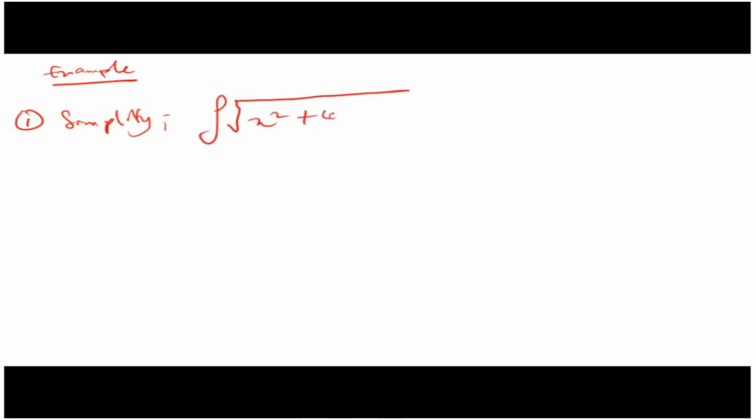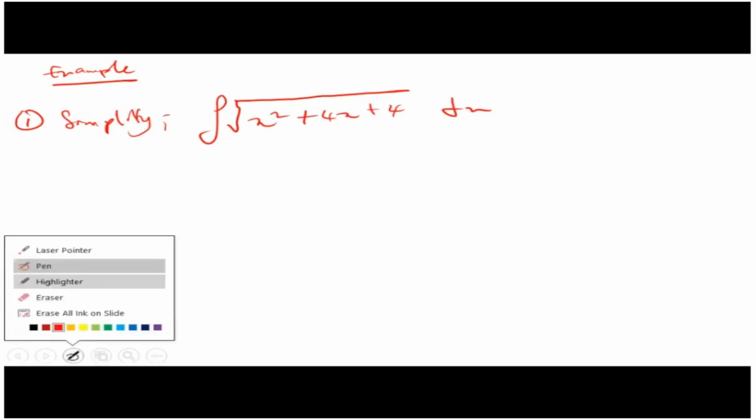Example. It just says simplify. The integral of the square root of x squared plus 4x plus 4. So we have to simplify that expression using integration.